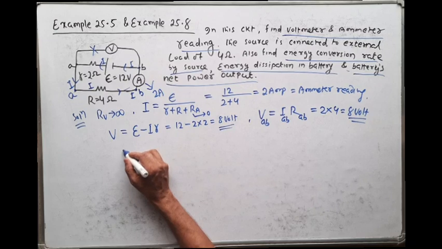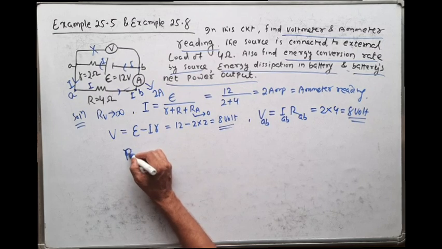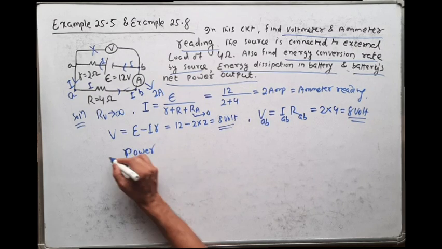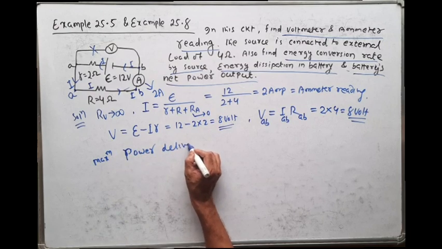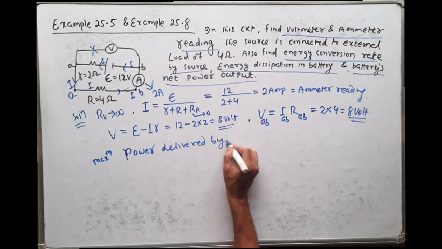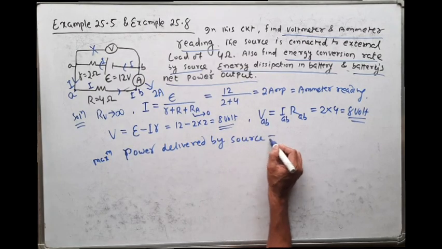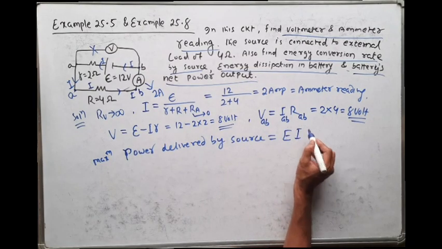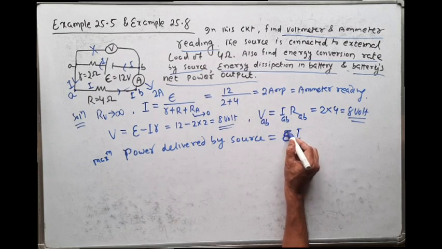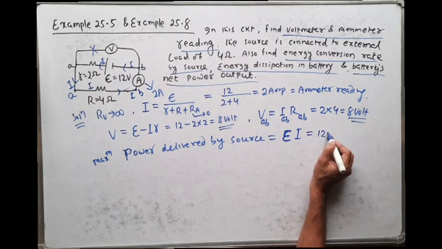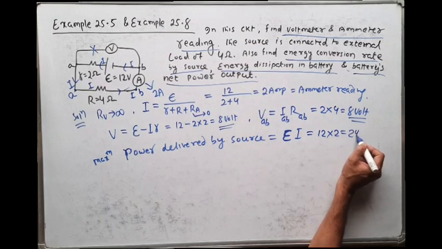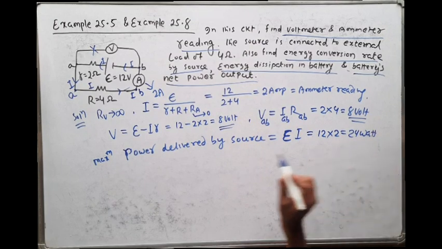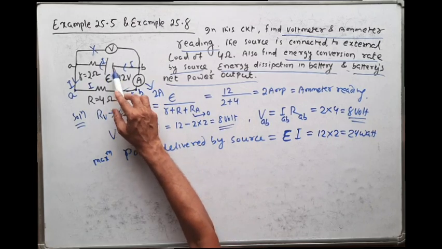So the power, the maximum power delivered by the source, is equal to E into I. E is equal to 12, and I is equal to 2 ampere. So that is 24 watt, the maximum power delivered by this battery.